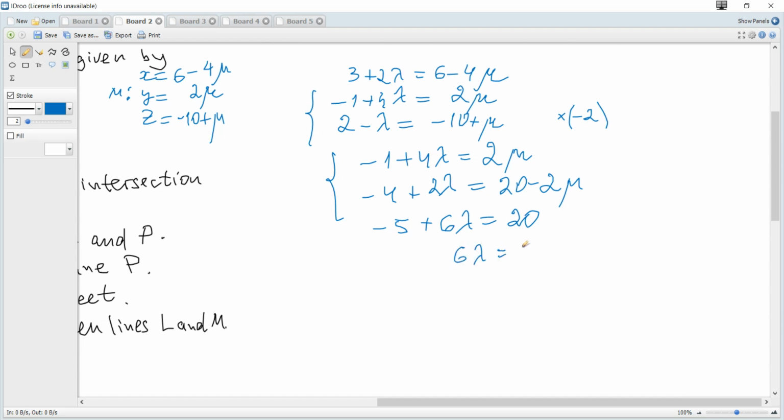And hence 6 lambda is 25, lambda is 25 over 6.